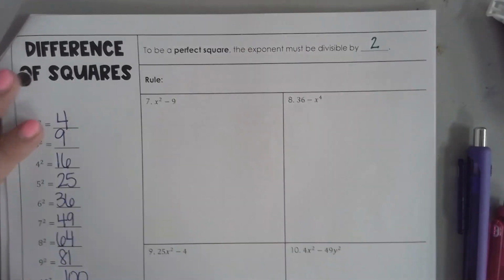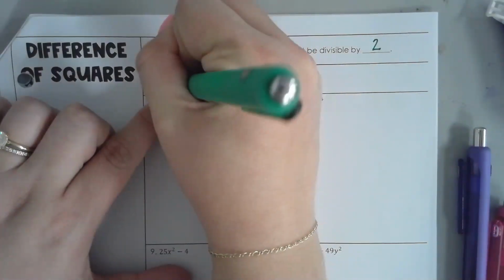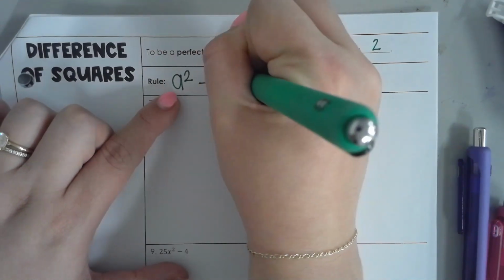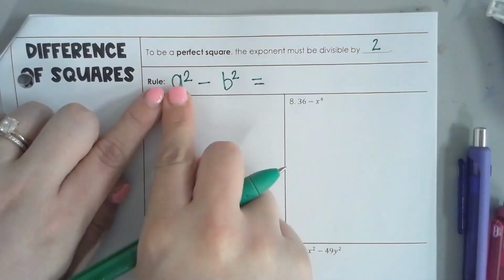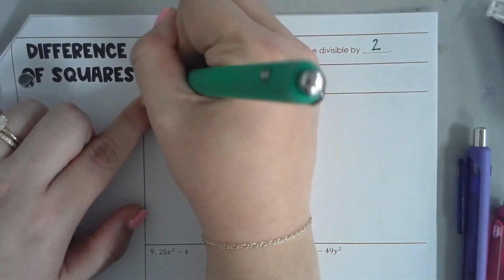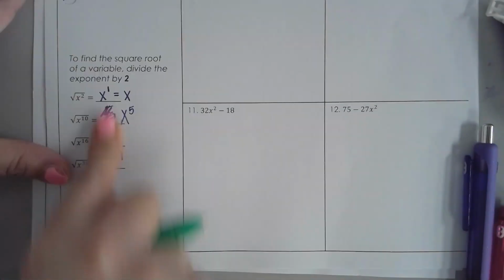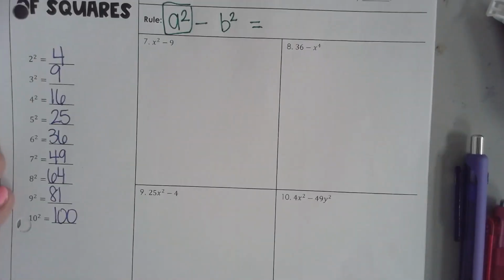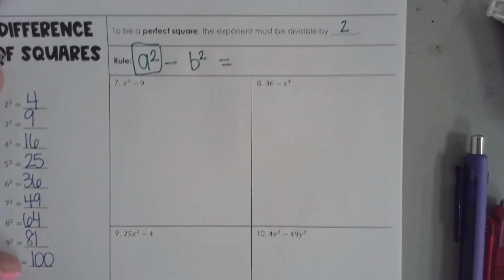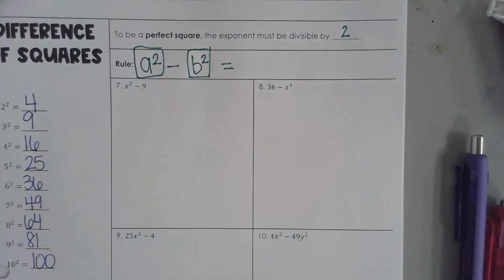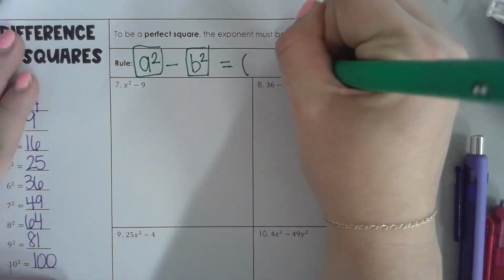Here's the formula. If we have a squared minus b squared, this is a perfect square, like one of these numbers, or an x with an even exponent, minus another perfect square. That's equal to, it's super simple, 2 sets of parentheses.